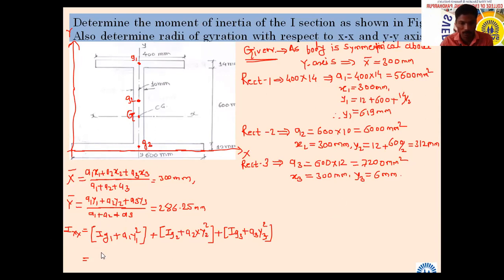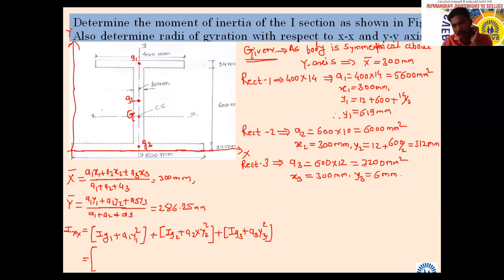So shall we apply it very slowly, because this is the most important step in this problem. IG1: consider rectangle 1, 400 into 14. Now we have to consider all the axes passing horizontally through the individual centroids. Tell me what is the formula here.